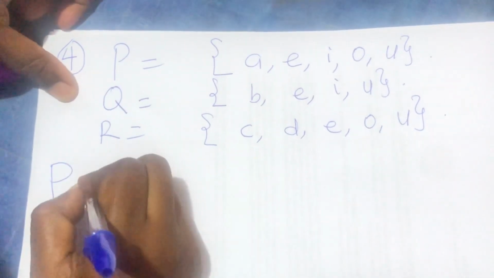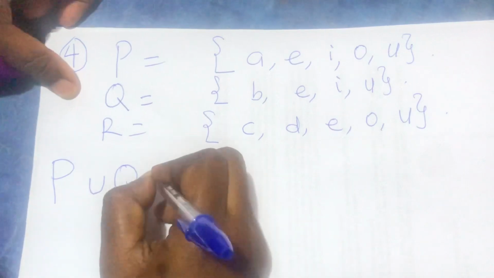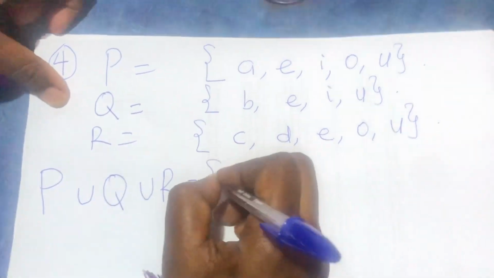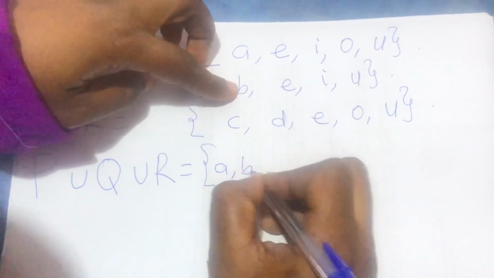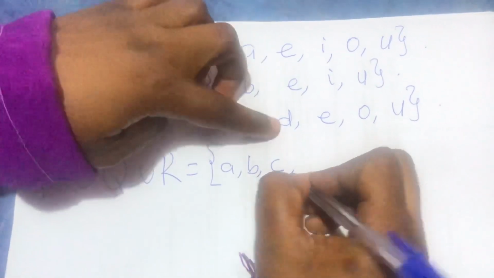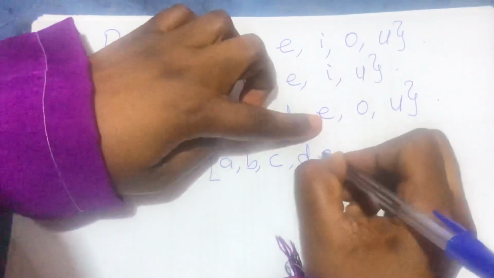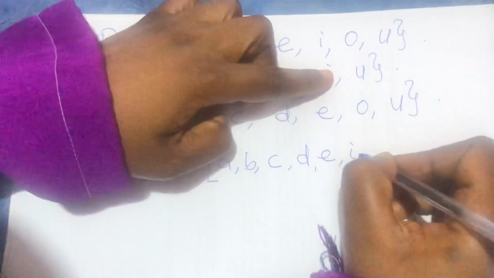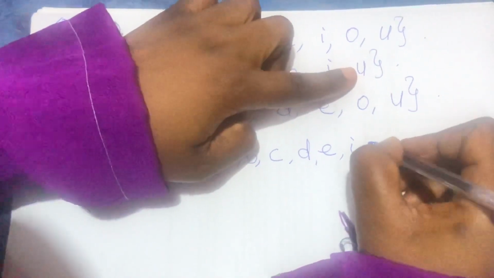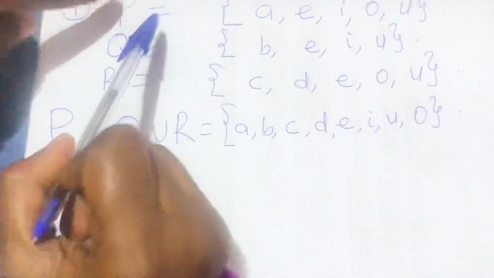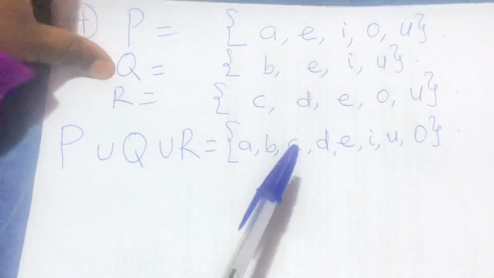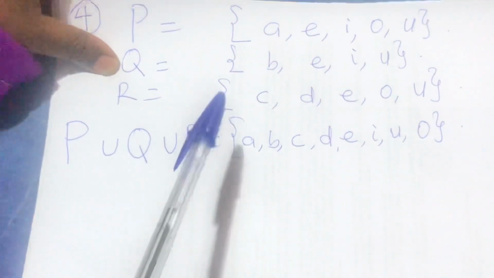P union Q union R will be equal to: there's A, write it. There's B, write it. There's C, write it. There's D, write it. There's E, write it. There's I, write it. There is U, write it. And there is O, you have to write it. So those elements that are present in the first or the second or the third or in the 3 sets, that is the union of sets P, Q, and R.